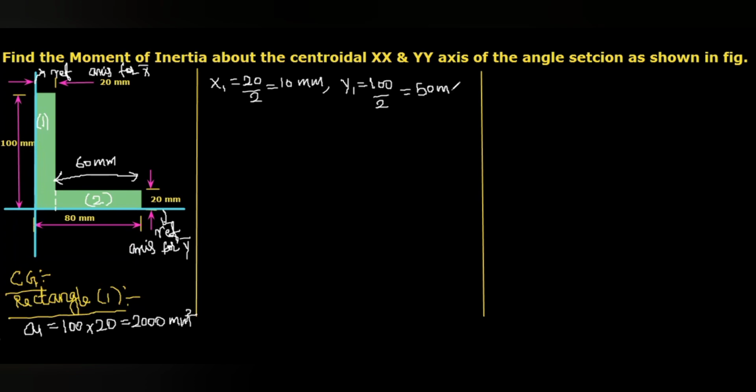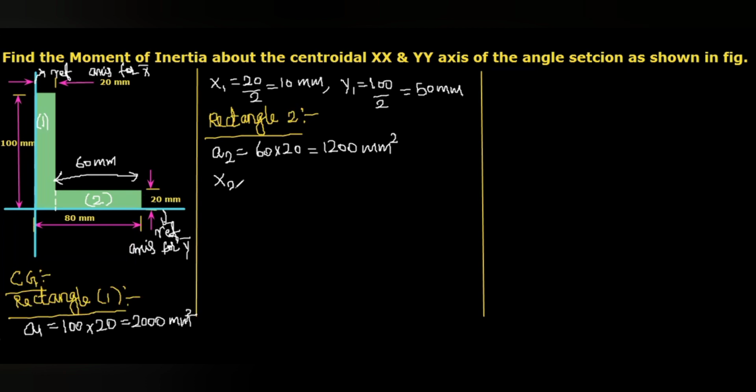Then rectangle 2, or the segment 2. For this, same way we have to calculate A2. Here A2 is 60 multiplied with 20, so it will be 1200 mm square. Then x2.